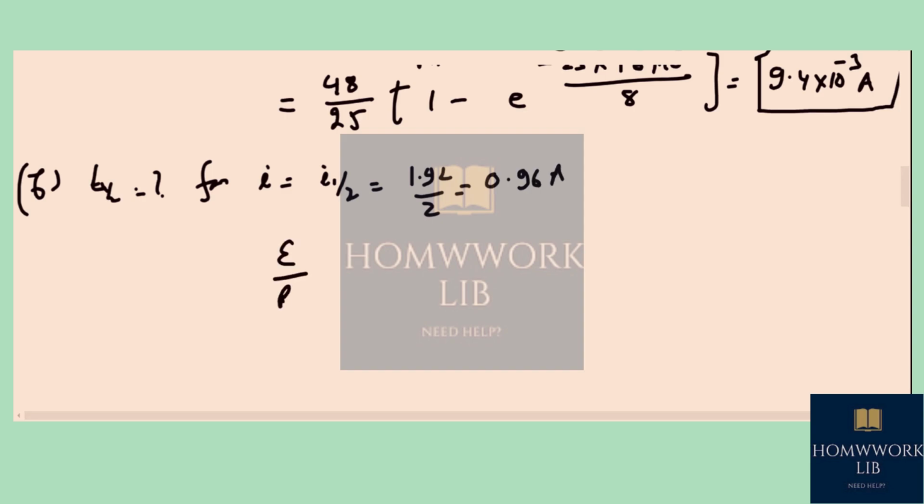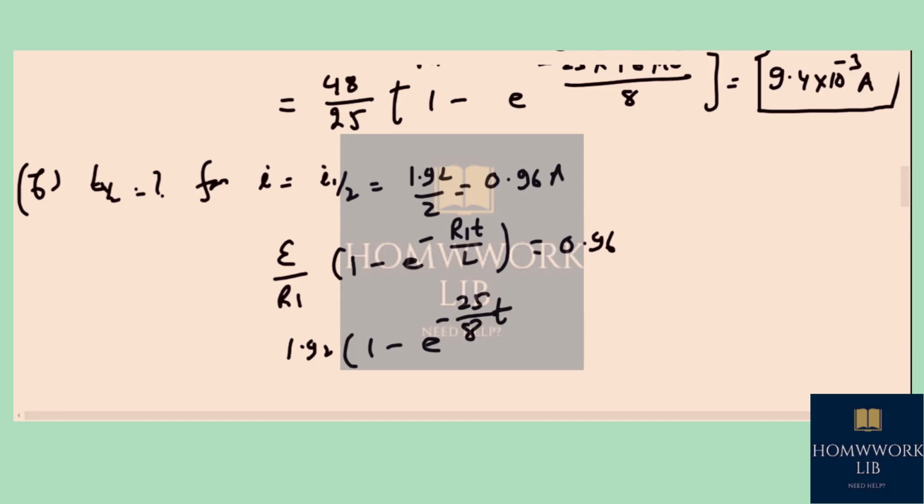So E upon R1 times 1 minus exponential of minus R1 t upon L to be 0.96. Substituting the value, this value is 1.92 times 1 minus exponential of minus 25 upon 8 into t. So on solving it, t you will get 0.22 second.